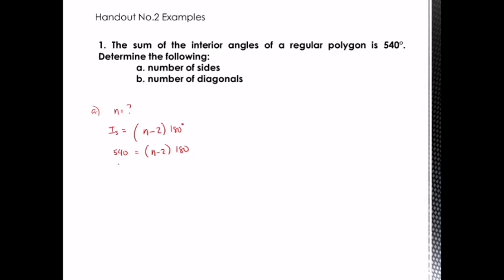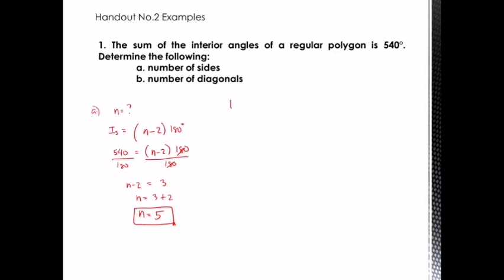So we can transpose 180, or let us divide the whole equation by 180. Cancel out. So n minus 2 therefore is equal to 3. So n, transpose 2, 3 plus 2, and therefore is 5. So that is the answer for letter A.